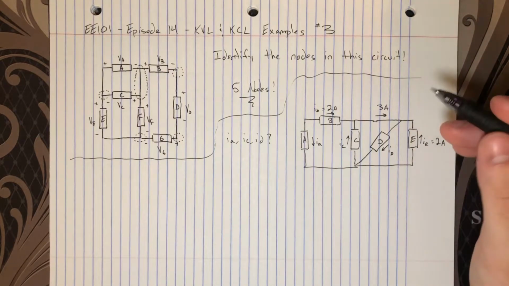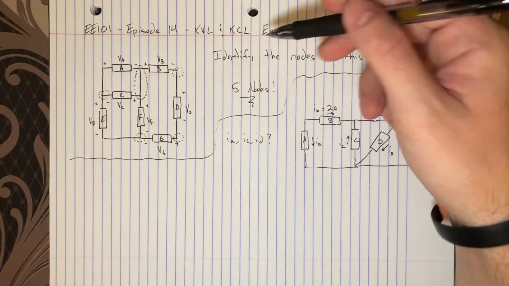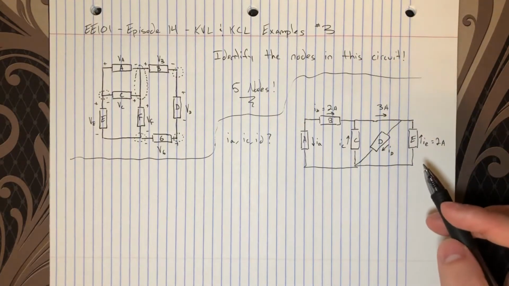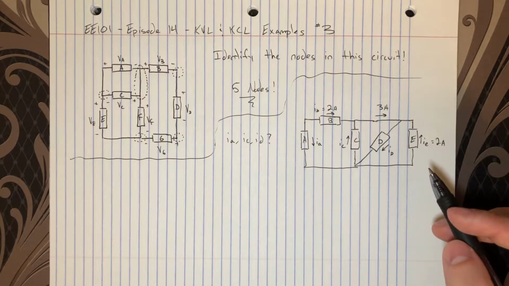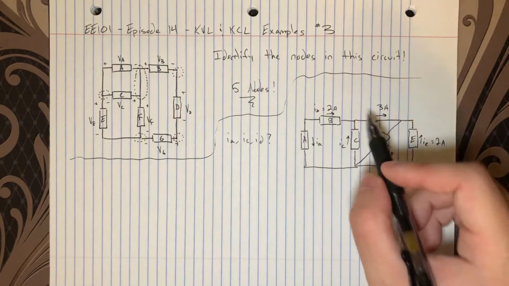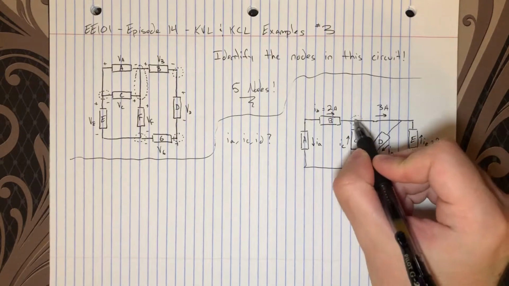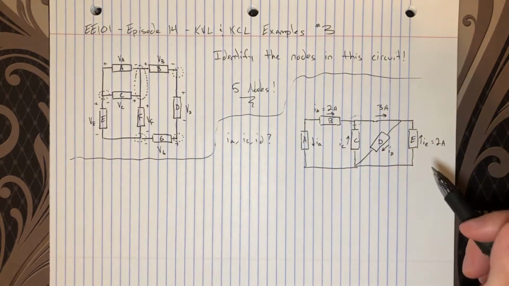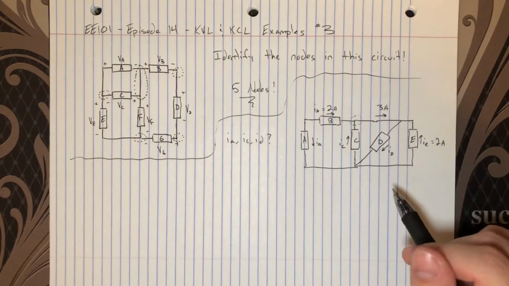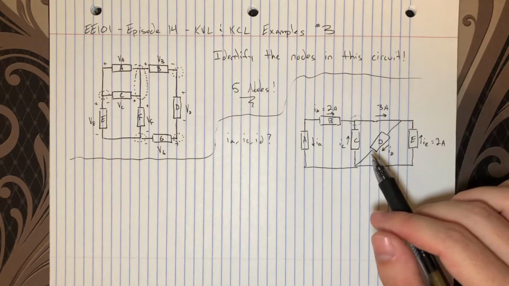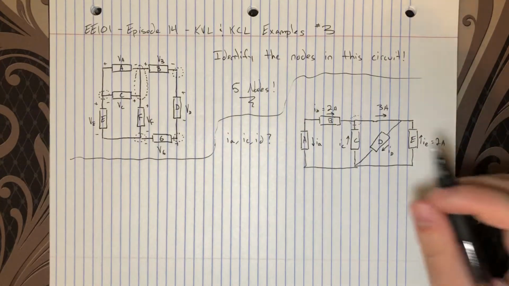And this is really easy to figure out. We're going to use a simple application of Kirchhoff's current law, KCL, to identify these currents. So the first thing I would do is look at, let's say, this node right here. We learned how to identify a node like this based on looking at the last circuit. And another interesting thing here is that we're going to use KCL, and notice I didn't label any voltages anywhere.